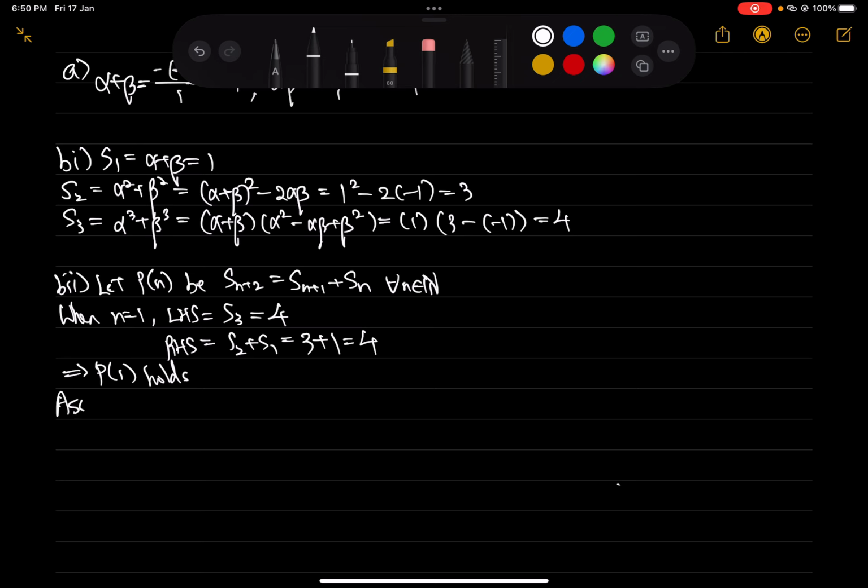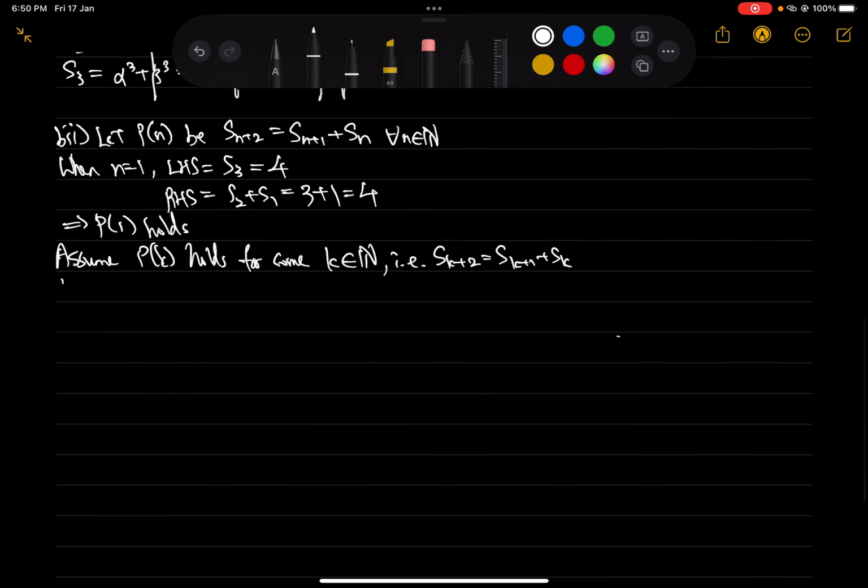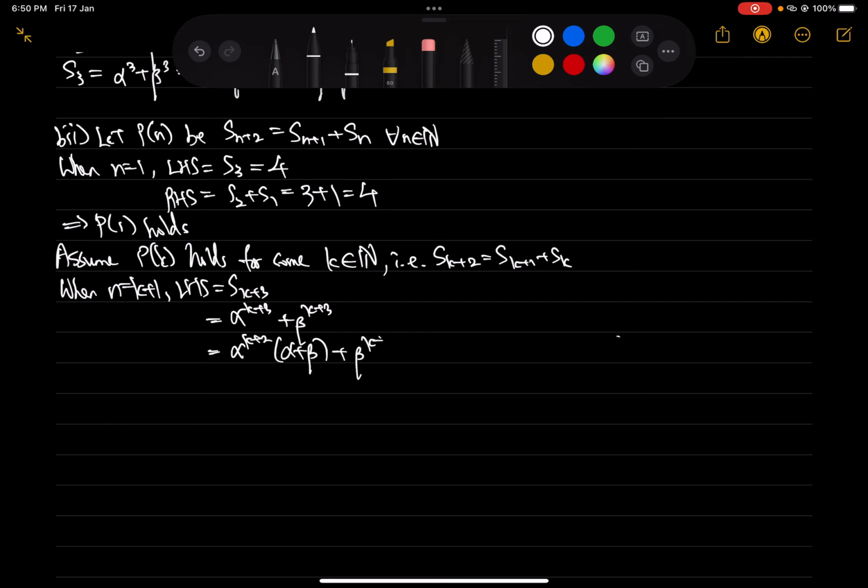And then assume, this is just basic MI, that is S(k+2) is S(k+1) plus Sk. When n equals k plus 1, LHS is S(k+3), which is alpha^(k+3) plus beta^(k+3), which is alpha^(k+2) times (alpha plus beta) plus beta^(k+2) times (alpha plus beta).